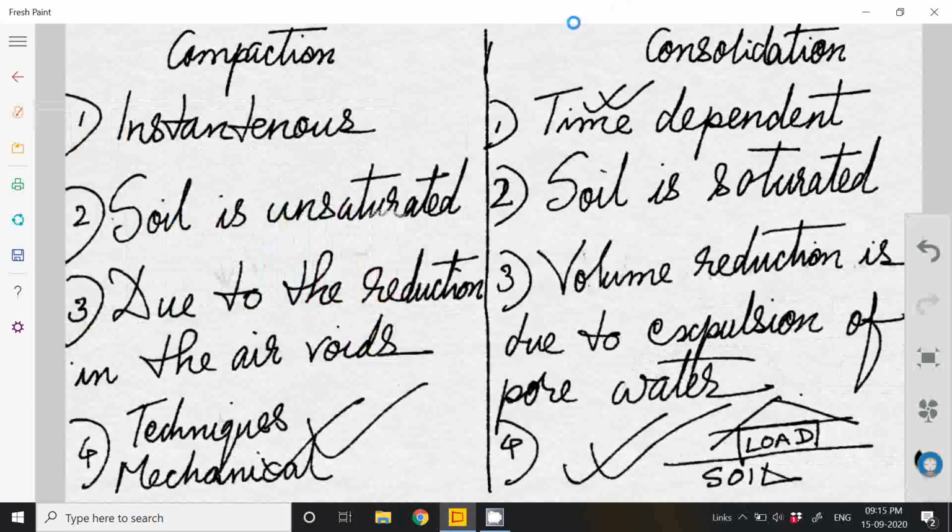We don't do consolidation using mechanical techniques or machines. It is due to permanent loads over a long period of time, which are placed over the soil. And compaction is very short duration, instantaneous, using machines. So I hope you were clear with it.